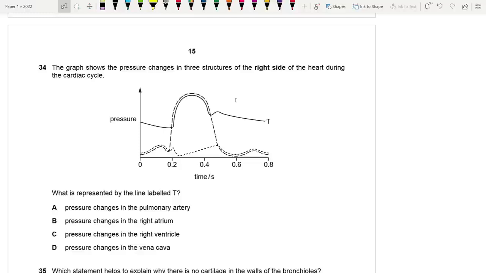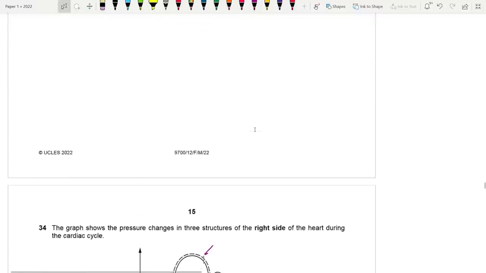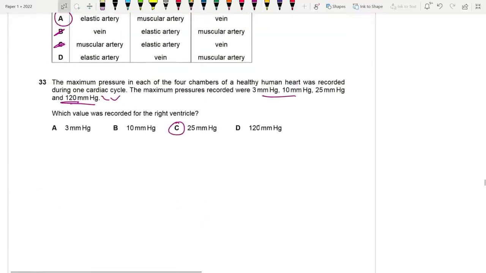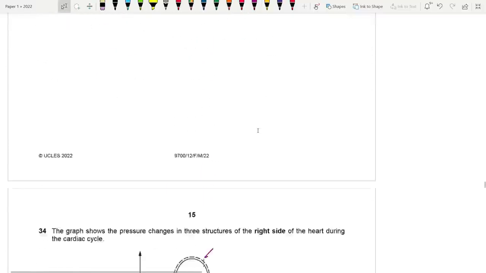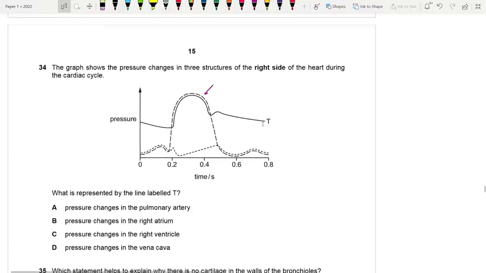So for 34, we first need to know what this dotted line is, okay? The highest change in pressure. I just taught you guys. What is this? From this section, these are for four chambers, right? But this is for the right side of the heart.